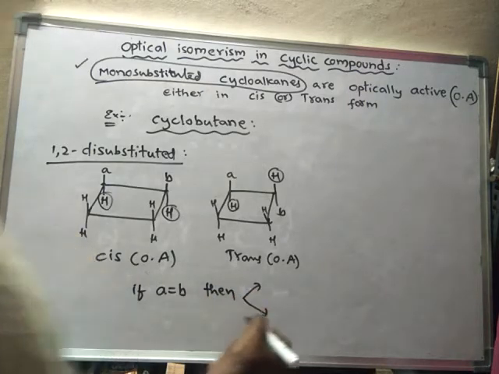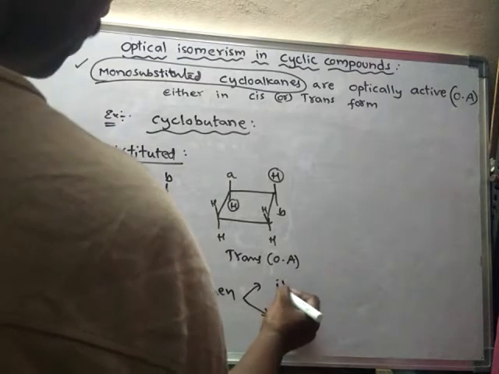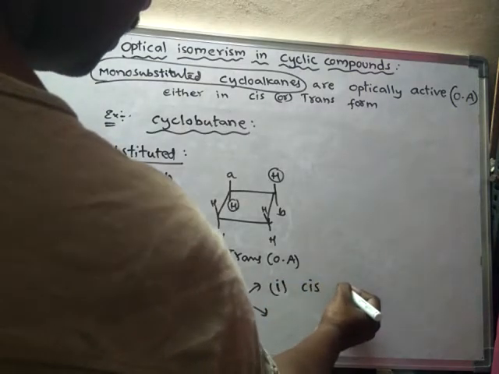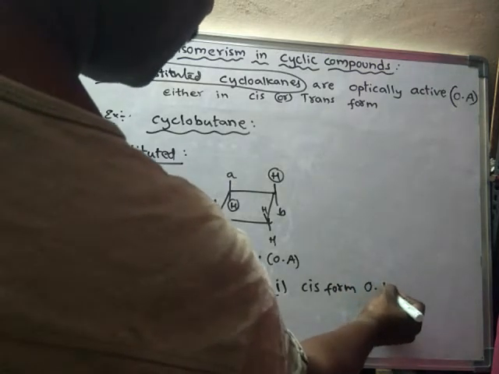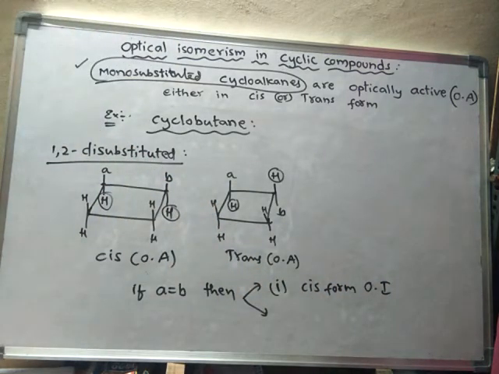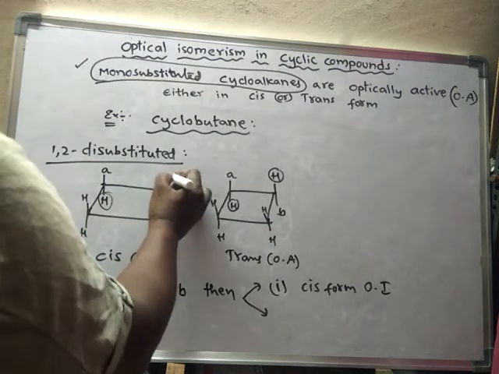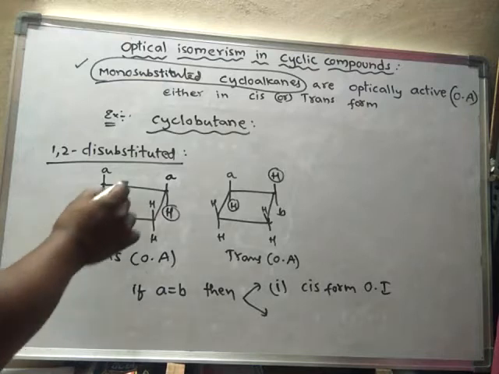So the cis form will become optically inactive. OI means optically inactive, due to plane of symmetry. Suppose these two are same, then what happens? You will find a plane of symmetry.